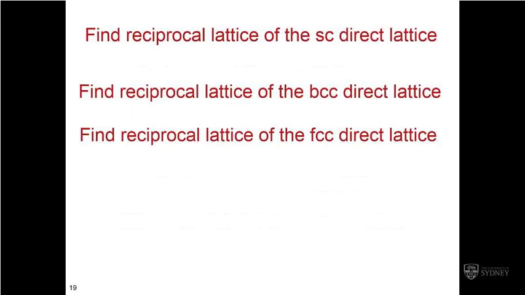All right, so let's try and remember where we left off. I think the last time we derived the reciprocal of the simple cubic lattice. Because this is a really important thing, I'm going to start you off a little bit on how to find the reciprocal lattice of the body-centered cubic one.